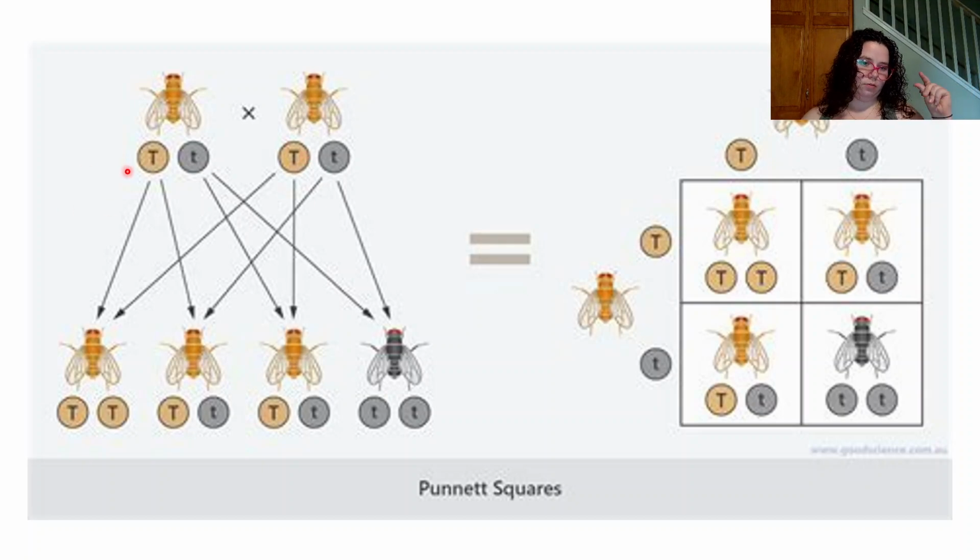You just do that by giving 2 options for each little piece. So this one has 2 arrows, 1, 2. That one has 2 arrows, 1, 2. This one has 2 arrows, that one has 2 arrows. Very similar concept. If it makes sense for your brain, great. If not, also great. Just use the Punnett squares.